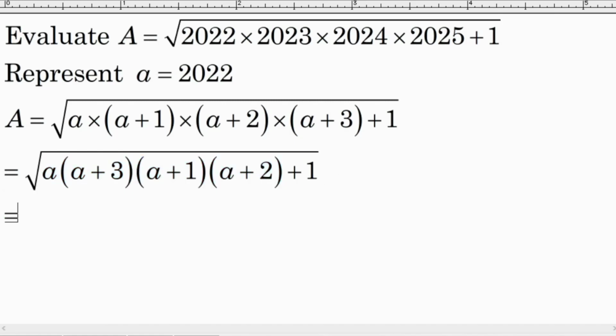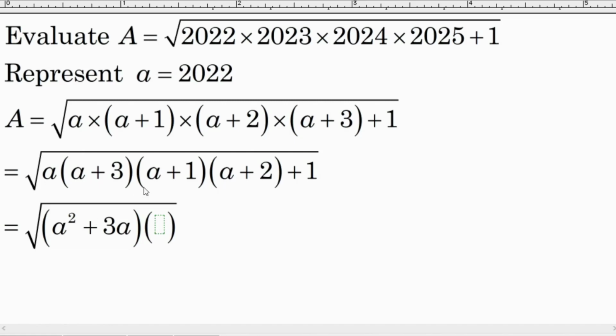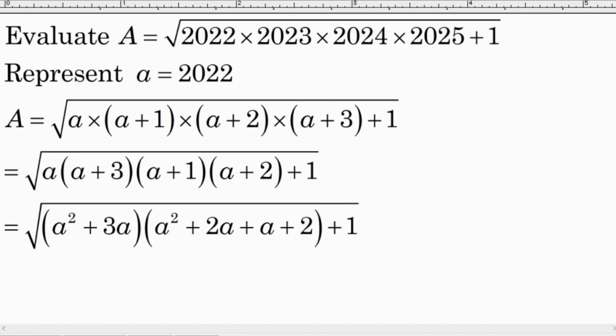So now we got a times a, which is a square, and then a times 3, which is 3a. And here we also have to expand these two factors. So a times a gives a square, and a times 2 is plus 2a, and then plus 1 times a, which is a, and 1 times 2, which is 2, and then plus 1 at the end.